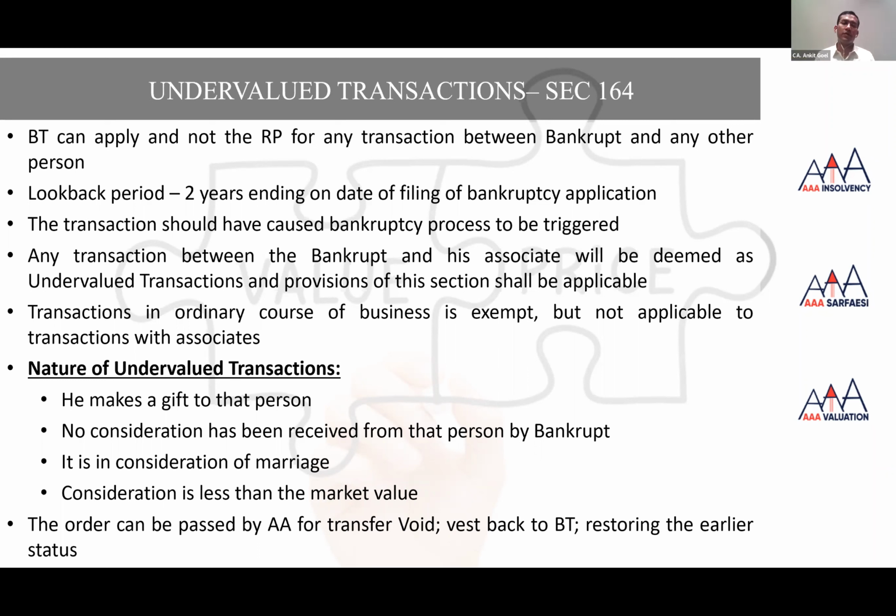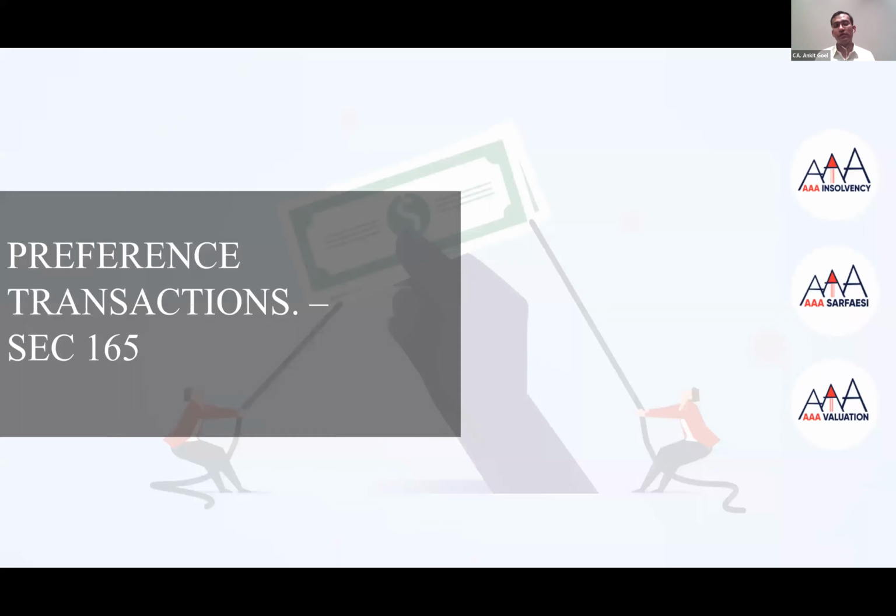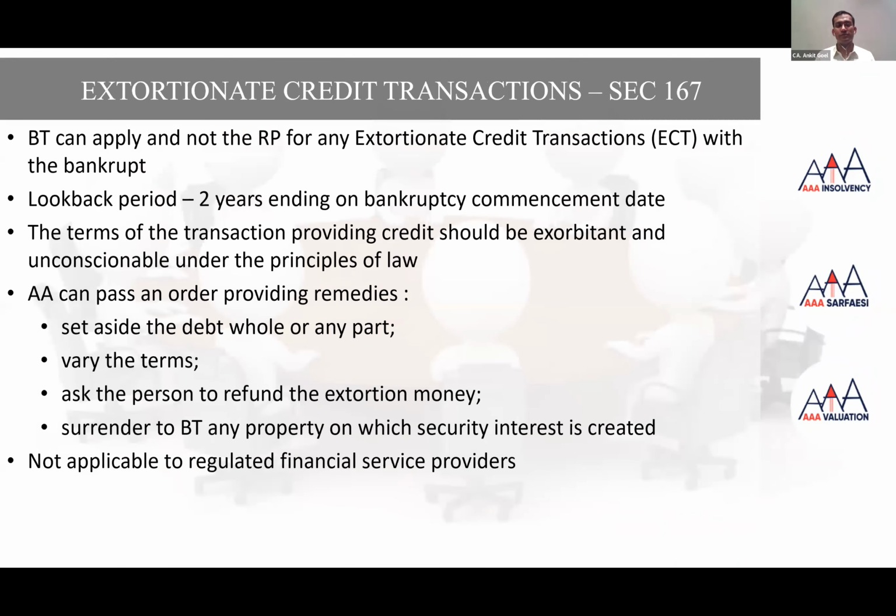So in case the asset has been sold at a cheaper price before the bankruptcy or the individual's insolvency started, a certain repayment plan which might have been possible with that asset being present could not be possible because the asset was already sold at an undervalued price. I believe that would be the idea. That would be the most sensible meaning that I can understand out of reading this.